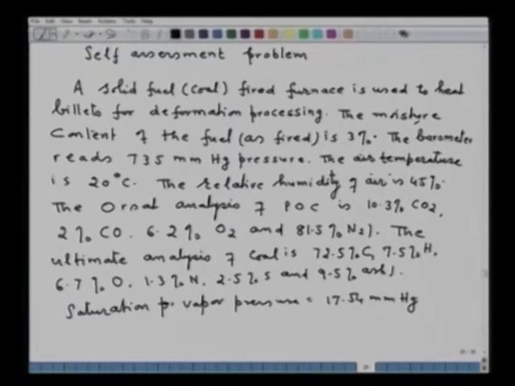That means the air at most can contain moisture at 17.54 millimeter mercury pressure.